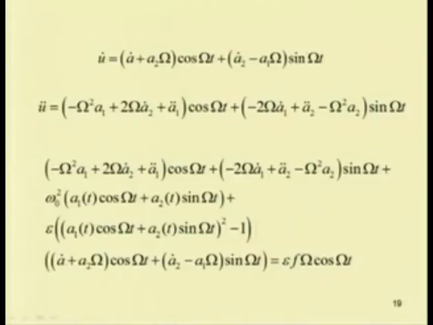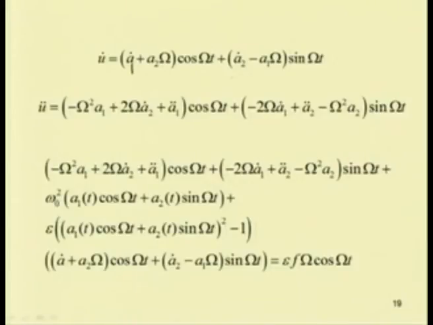Again differentiating this equation, we get u double dot. Differentiating the first term gives (a1 double dot plus a2 dot omega) cos omega t, and differentiating cos omega t while keeping the coefficient constant gives minus (a1 dot plus a2 omega) into omega sin omega t.